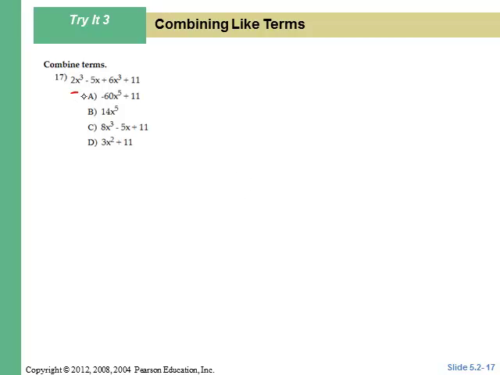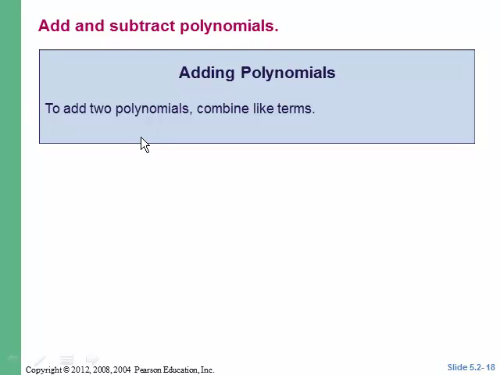This one, these two are like terms. 2 and 6 makes 8x cubed minus 5x plus 11. Notice you can't combine those other terms, and so this will be our answer written in decreasing powers.